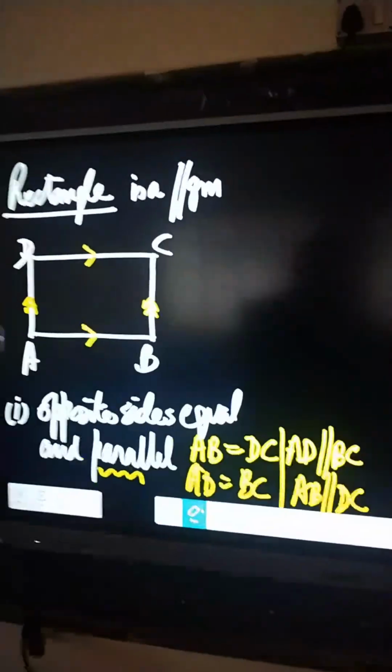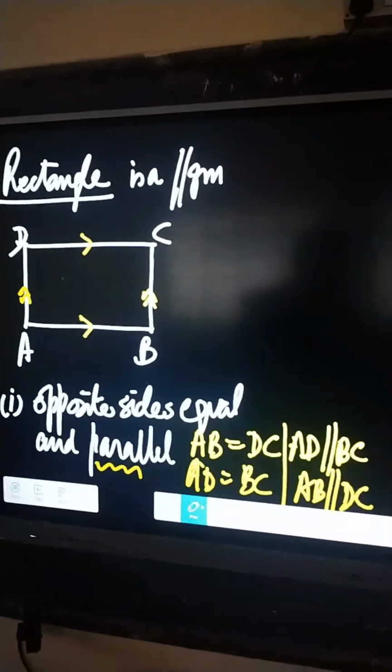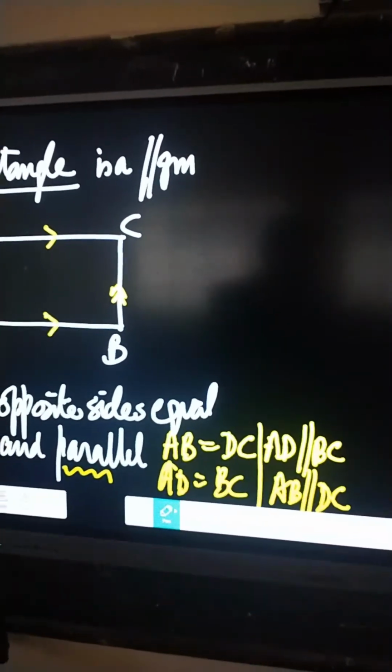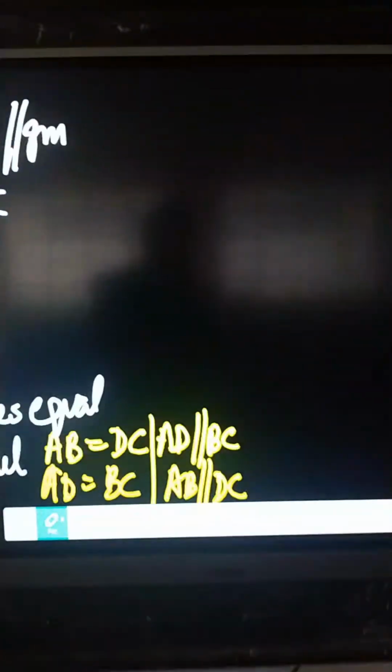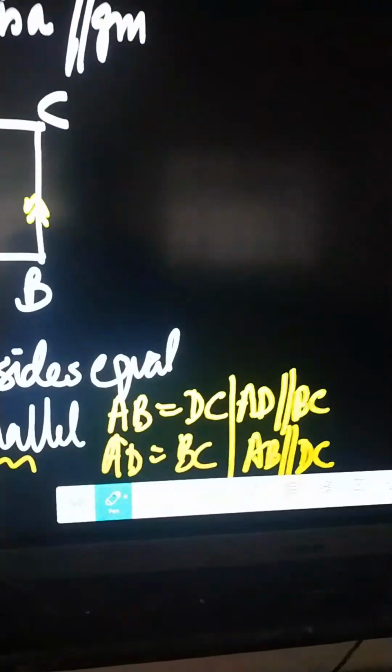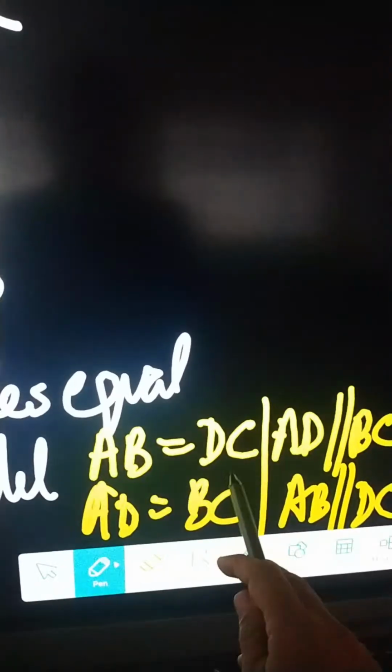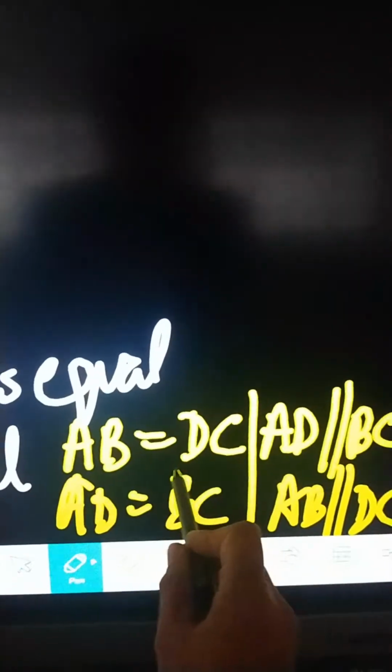This is the property of a rectangle. A rectangle has opposite sides equal and parallel. So this is for equal and this is for parallel.